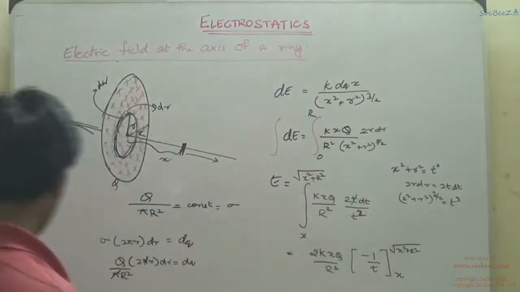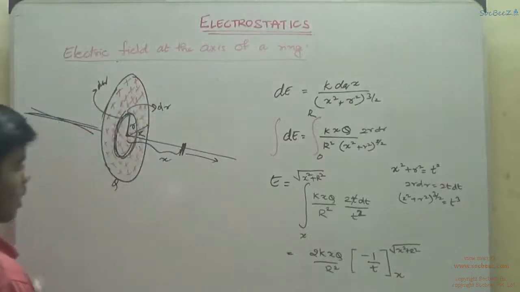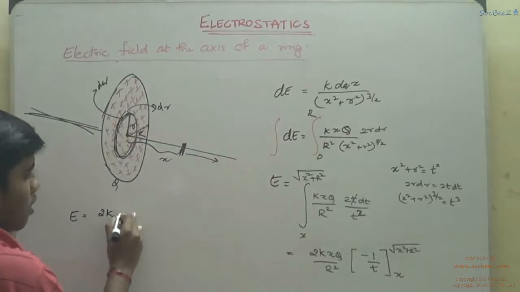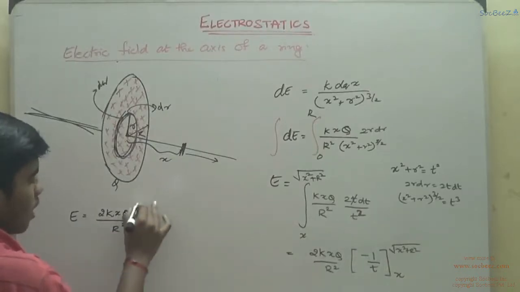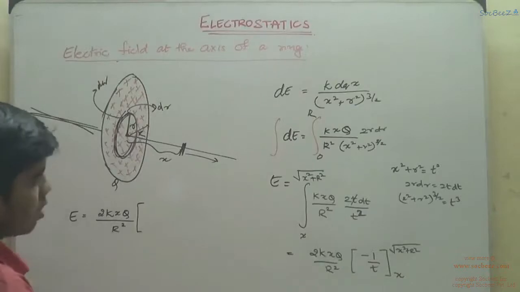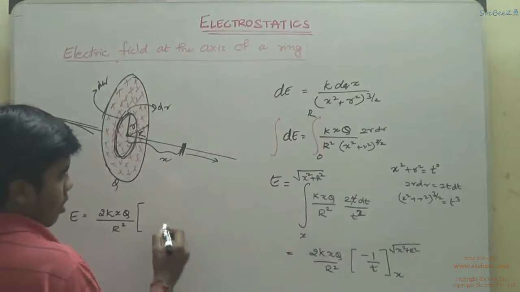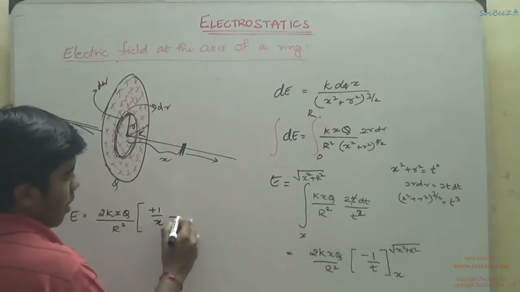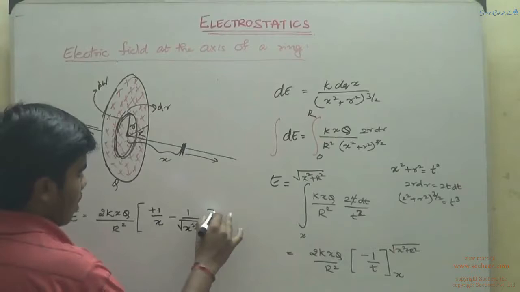So after substitution of the limit, we get the electric field is equal to 2kx by R square times plus 1 by x minus 1 by under root of x square plus R square.